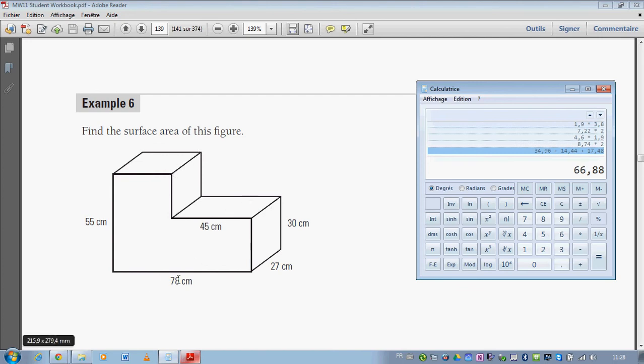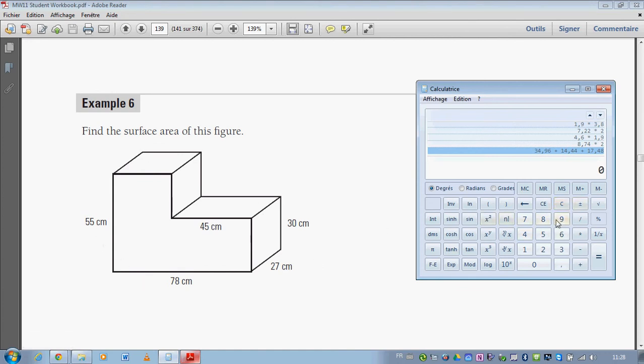So if I take 78 centimeters times 27 centimeters, that gives me the combined area of both of these, because they are almost right side by side. If you look at this from the top, these two side by side just look like one big gigantic rectangle. So that's what we're going to do: figure out the area of that big gigantic rectangle.